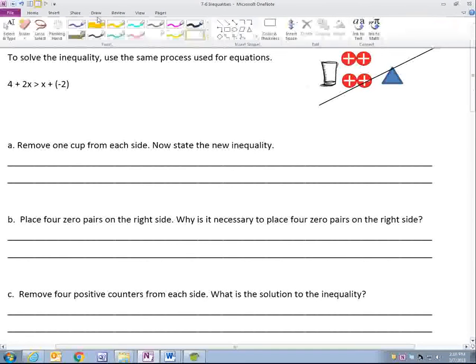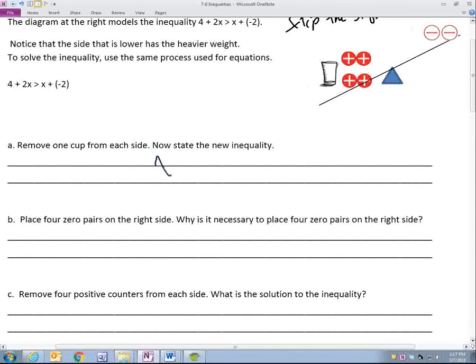So you should have had 4 plus x is greater than negative 2. 1x is x, so you don't need to say 1x.